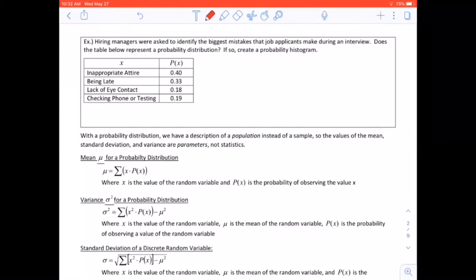So the first thing that we have to check, again, looking at those three things, is X our random variable? Is it numerical? And if you look at X this time, you'll notice that these are not numbers. So X is not a numerical random variable.